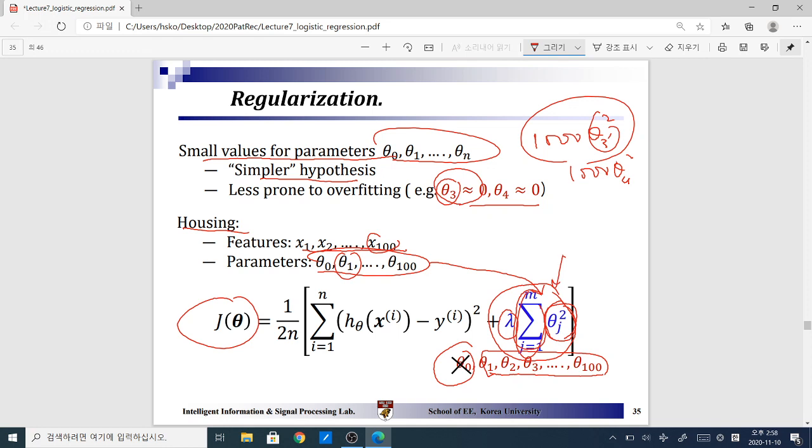So to have the size of each of these parameter values be small, it would be just these from 1 to the rest. This term is called regularization.